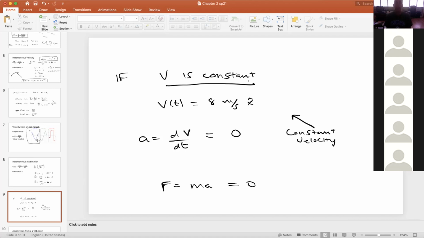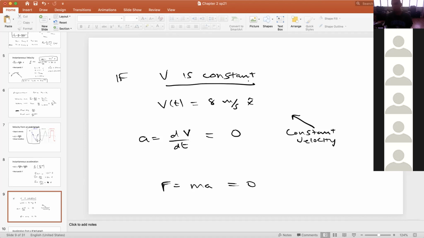To back up for a second, I think one of the hardest things about physics and doing physics problems is things like this. You have to know that if it has constant velocity, all the forces add up to zero. That's just something you have to know, that you're not told in the problem, right?